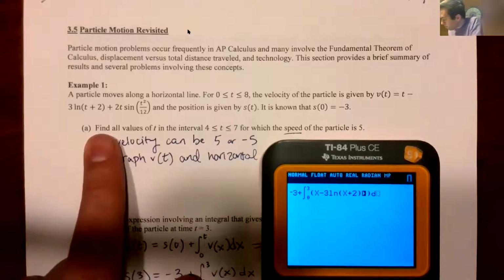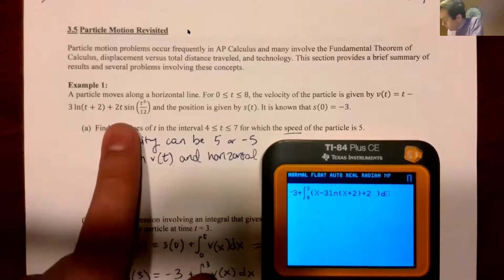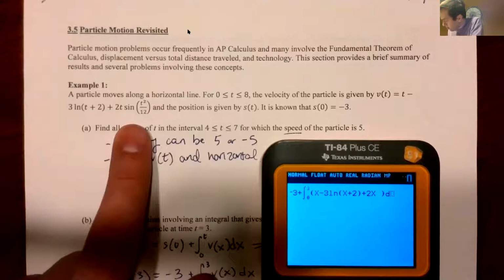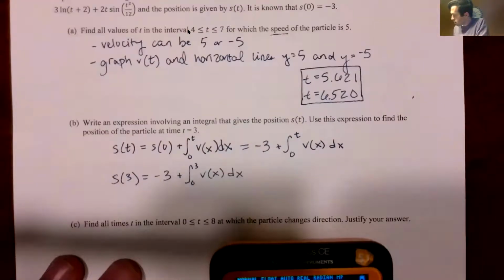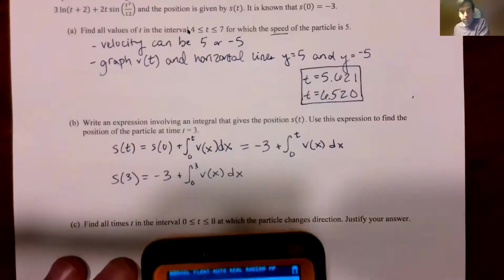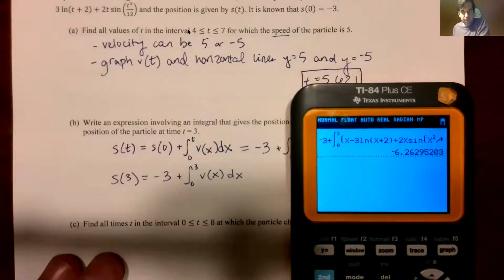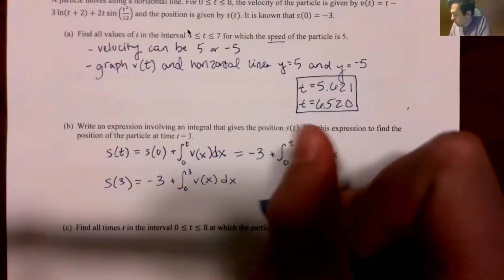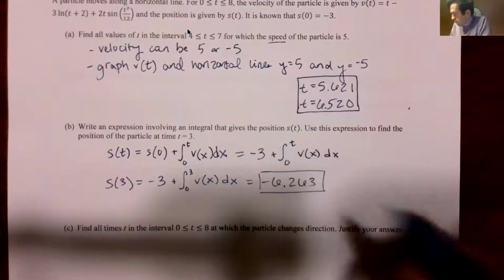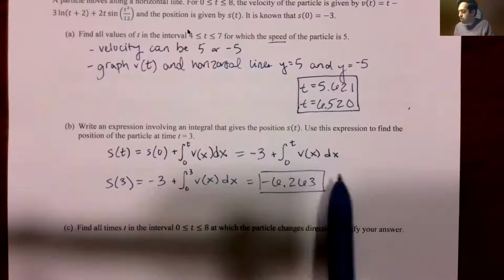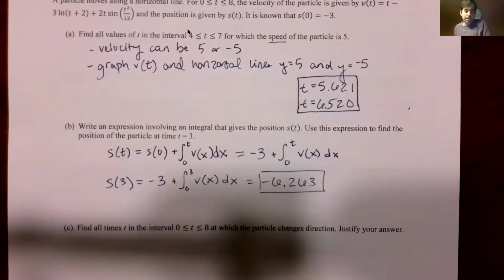Okay, so far so good. Plus 2x sine of x squared over 12. Okay. dx. And we get negative 6.263. I'm going to round to 3 decimal places, negative 6.263. There we go. So we found the position when the t is 3.